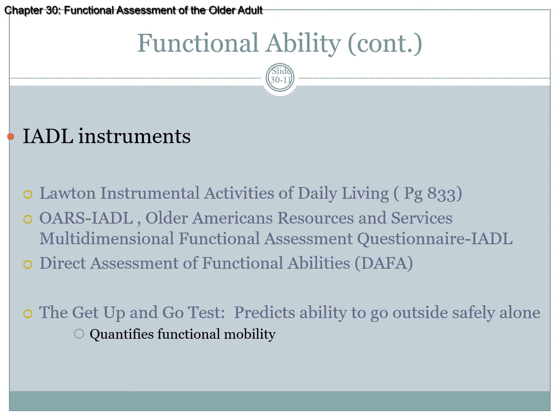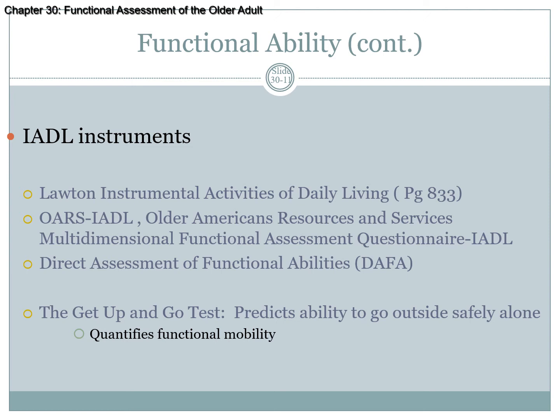So some other tools, Lawton's Instrumental Activity of Daily Living, I mentioned a few minutes ago, and that is on page 827 where you can see some questions related to it. And also we use the Multidimensional Functional Assessment Questionnaire for IADLs as well.